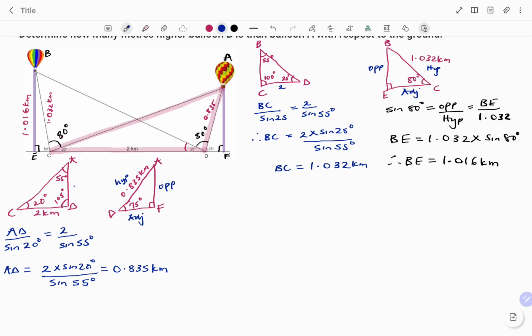To find AF, using my trig ratio of sine, I have sine 75 degrees equals opposite, that's AF, over hypotenuse, 0.835. Therefore, the distance AF equals 0.835 times sine 75 degrees. Therefore, AF is equal to 0.827 kilometers.